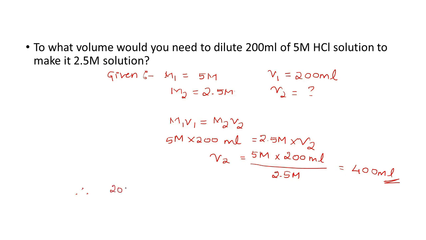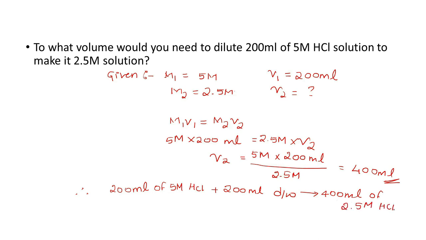The initial volume is 200 ml of 5 molar HCl solution. To that you are going to add 200 ml of distilled water. So 200 ml of 5 molar HCl solution has to be diluted to a volume of 400 ml of 2.5 molar HCl solution by adding 200 ml of distilled water.